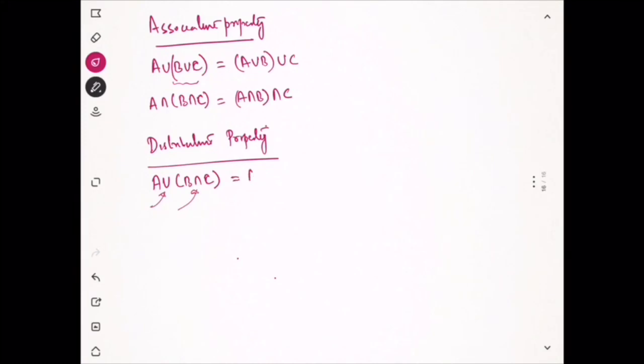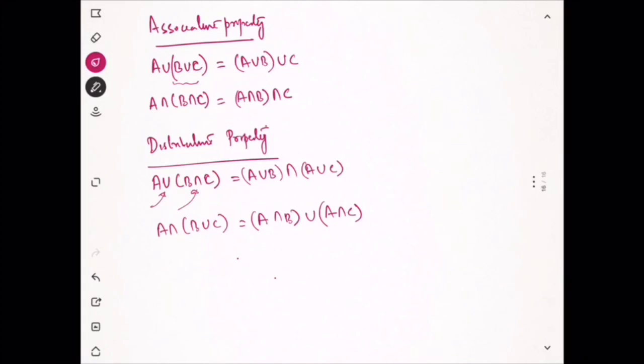This is nothing but A union B intersection A union C, and also A intersection B union C is nothing but A intersection B union A intersection C.